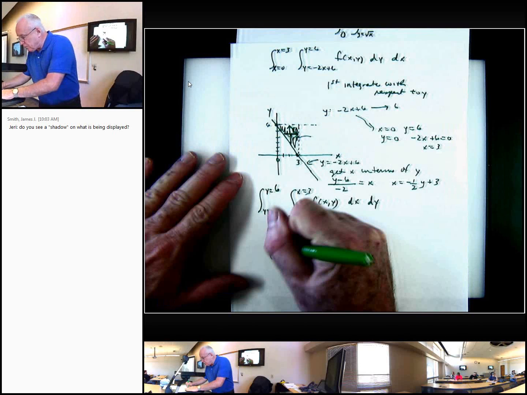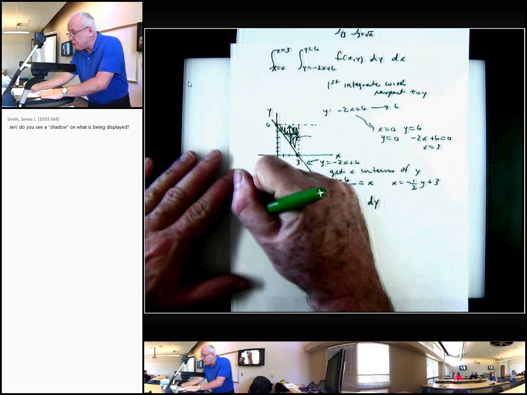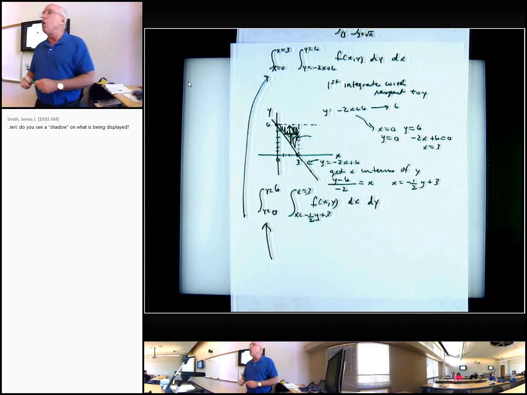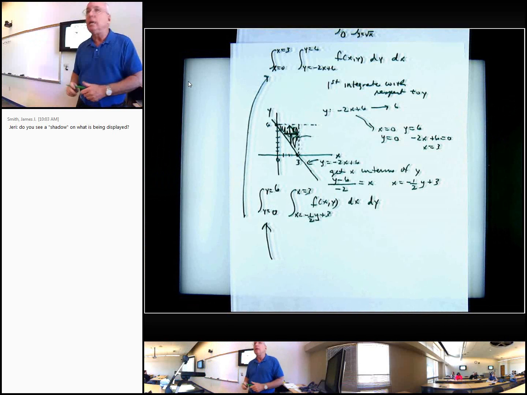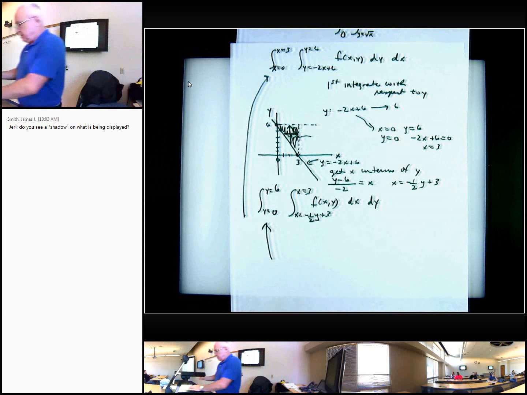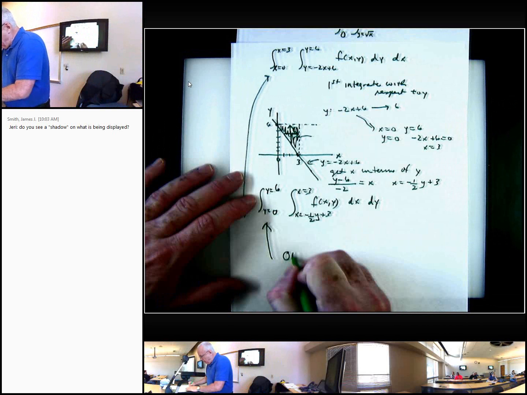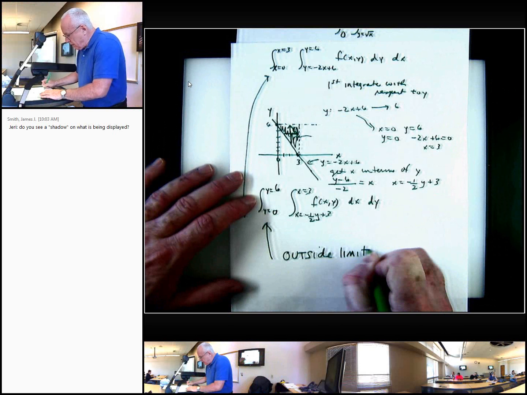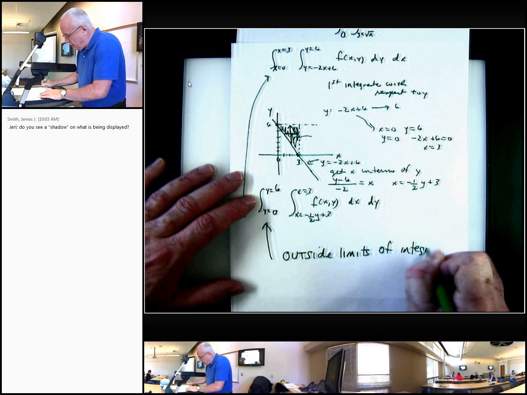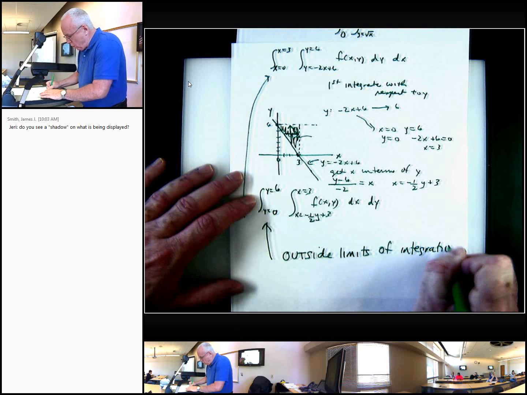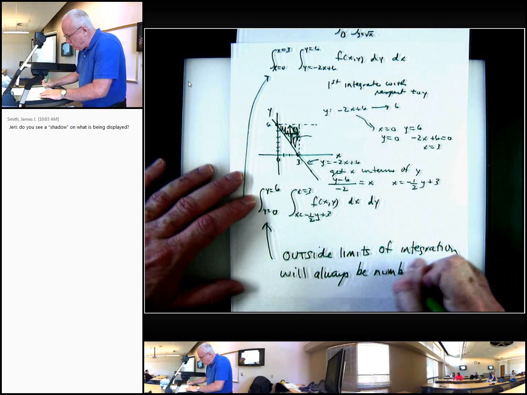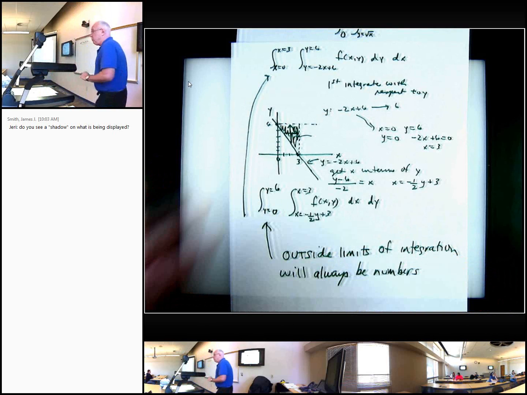Remember that for these double integrals, the outside limits of integration will always be numbers, not some kind of formula. Right? Okay.